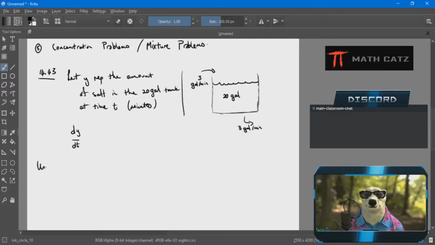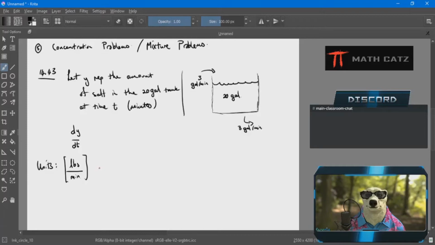Now let's keep track of the units here, which might be helpful. This is going to be pounds per minute, because y is in pounds and time is in minutes.